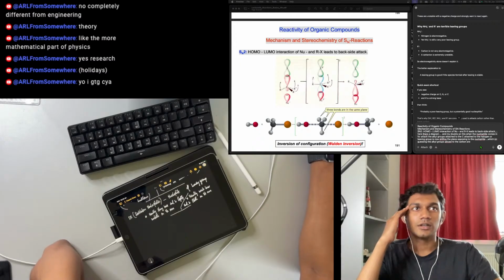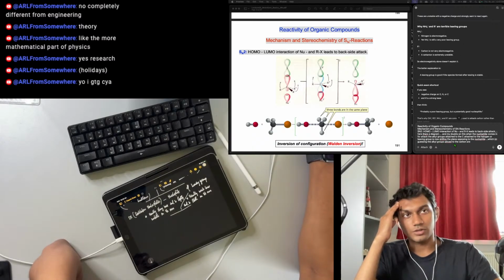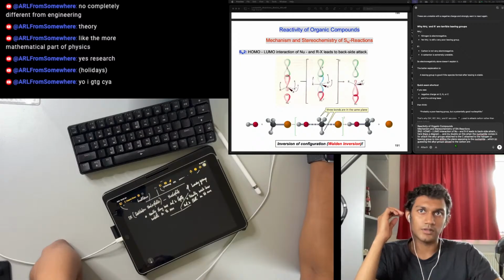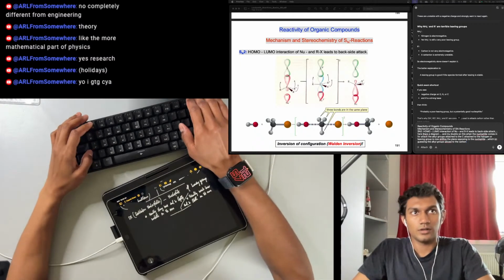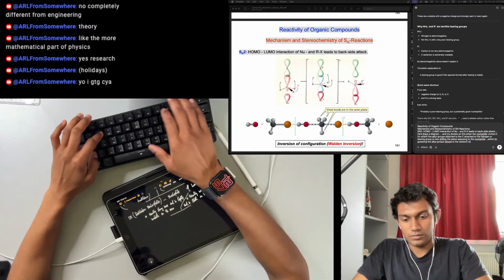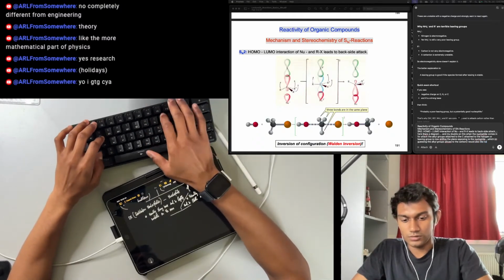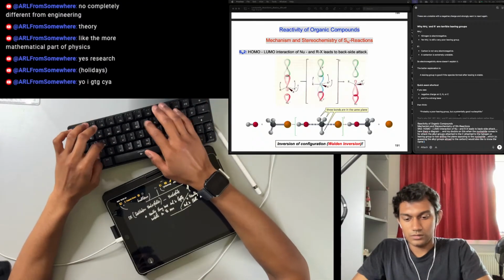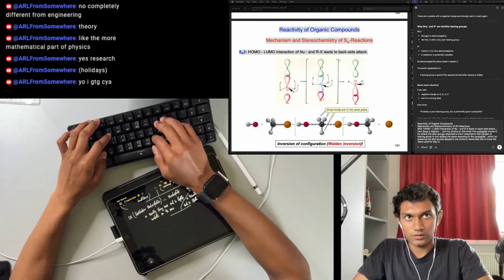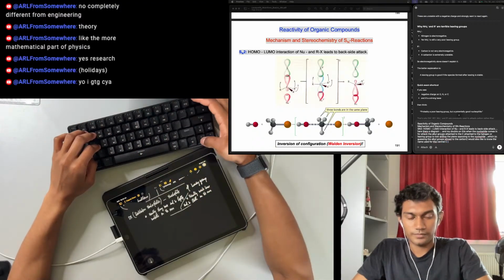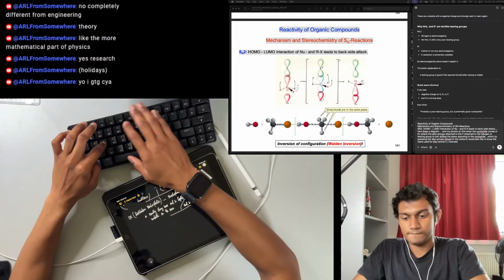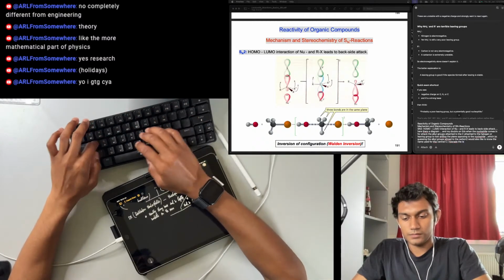Okay, focus. In which I'm guessing the alkyl group is attached to the carbon. Can I say the carbon is a stereocenter? I would also like to know the name used for this central carbon, the leaving group.